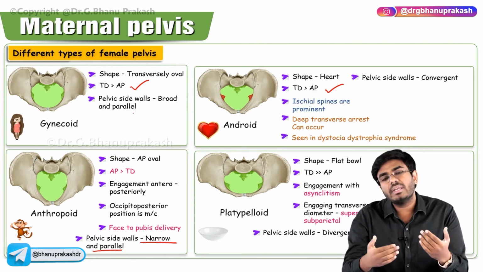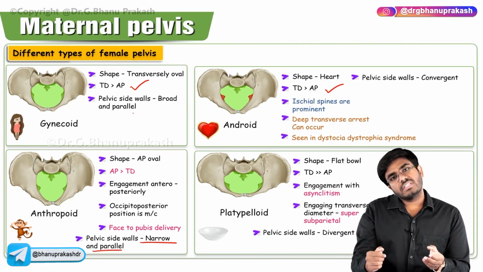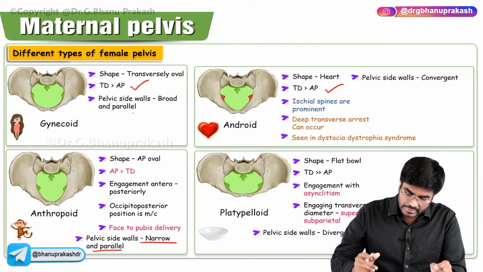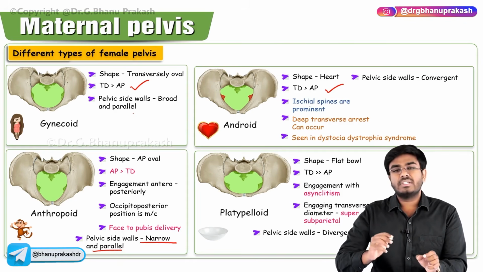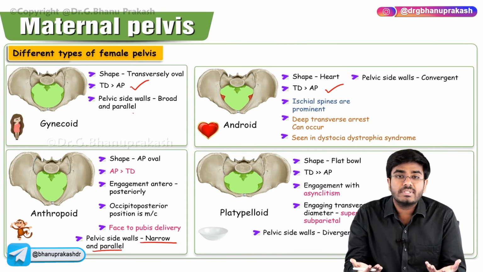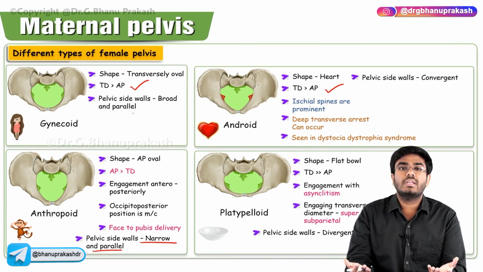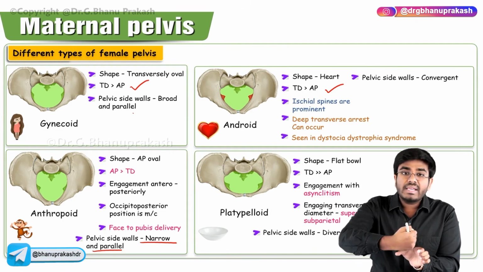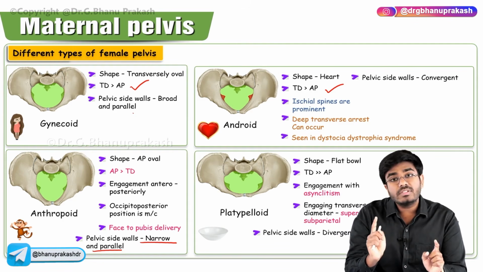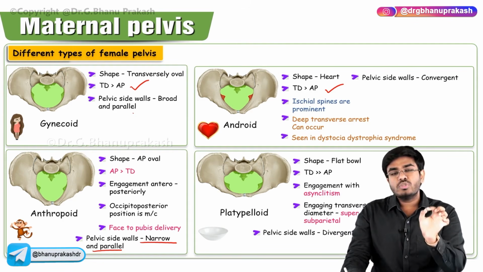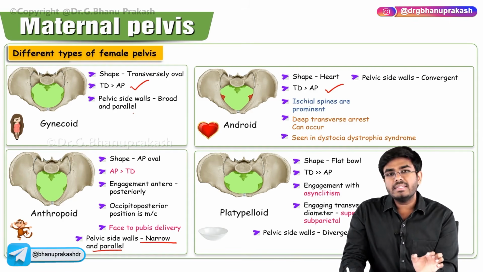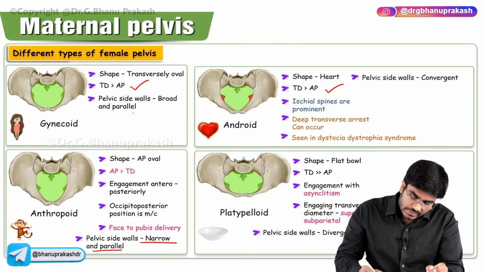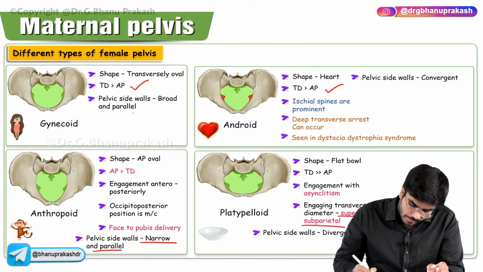No, the engaging diameter will automatically change. Because of this tilting, the engaging transverse diameter will become the supra-subparietal diameter. Just with the tilting, the engaging diameters will change. Yes, just with flexion and deflexion, the engaging antero-posterior diameters will change. Just with tilting, the engaging transverse diameters will also change. So usually the engaging diameter is the biparietal diameter, but because of marked asynclitism, it will become supra-subparietal.